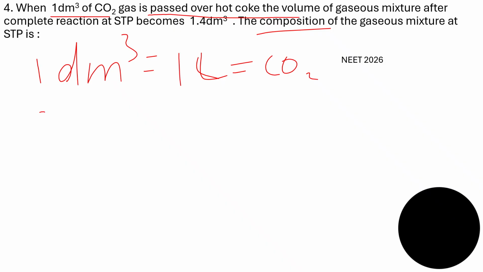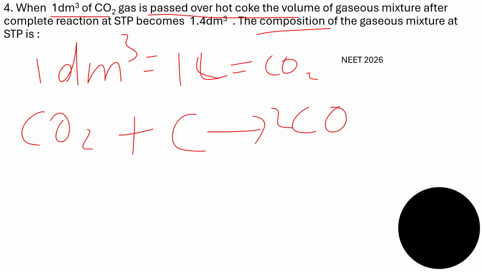When carbon dioxide is passed over hot coke, which is carbon, it will give carbon monoxide. So one carbon dioxide creates two carbon monoxide.